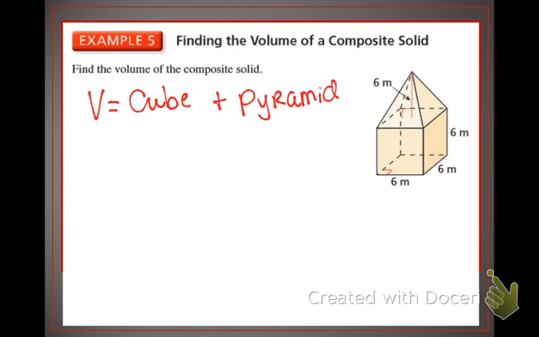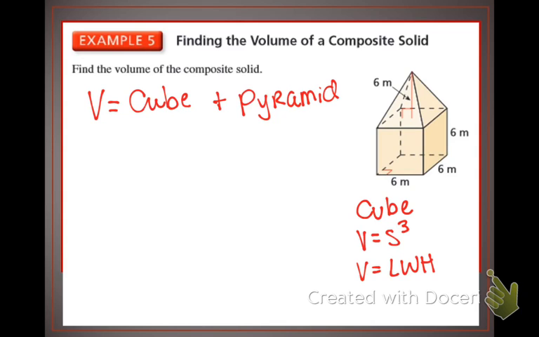So you can do one of two things to find the volume of the cube. What is the volume of the cube formula? I kind of told you the cheat. Cubed. It is also the same thing as length times width times height.